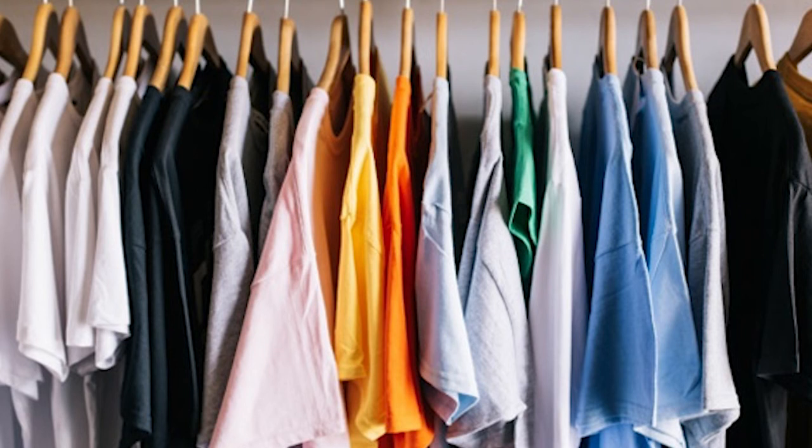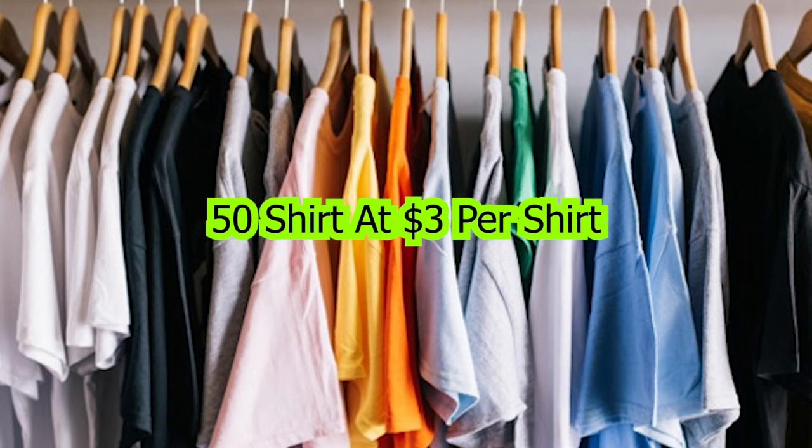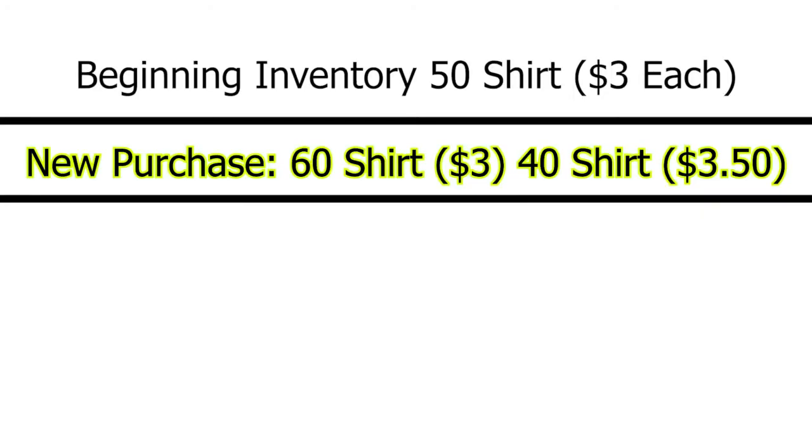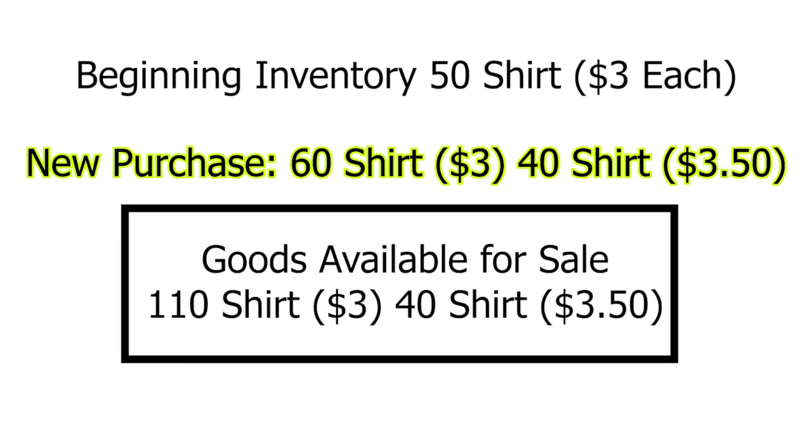So let's continue on with the example. At the beginning of April, Maggie's inventory consists of 50 shirts, all of which had been purchased at $3 per shirt. Over the month, she purchased 100 shirts, 60 at $3 per shirt, and 40 at $3.50 per shirt. In total, Maggie's goods available for sale for April consists of 110 shirts at $3 per shirt and 40 shirts at $3.50 per shirt.